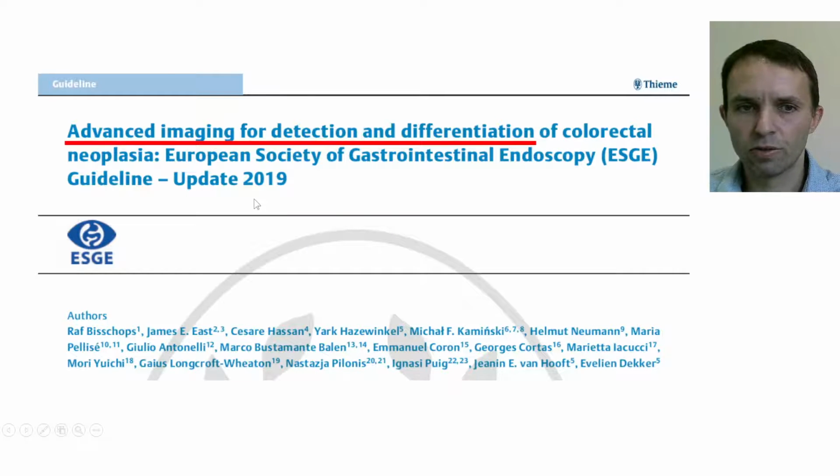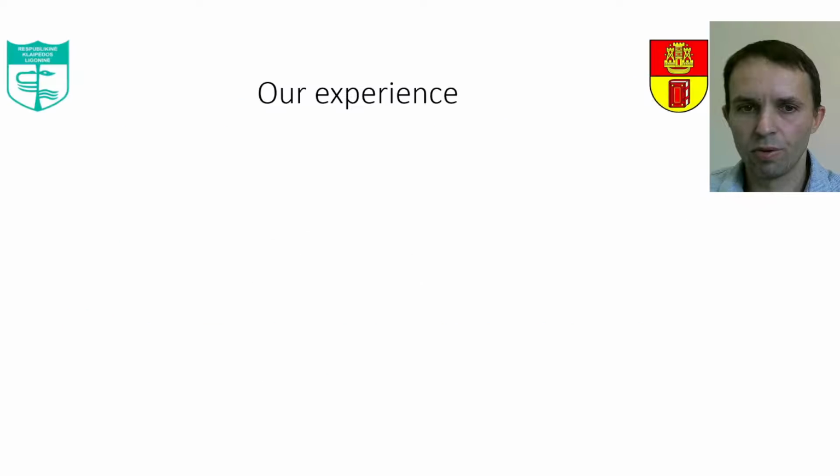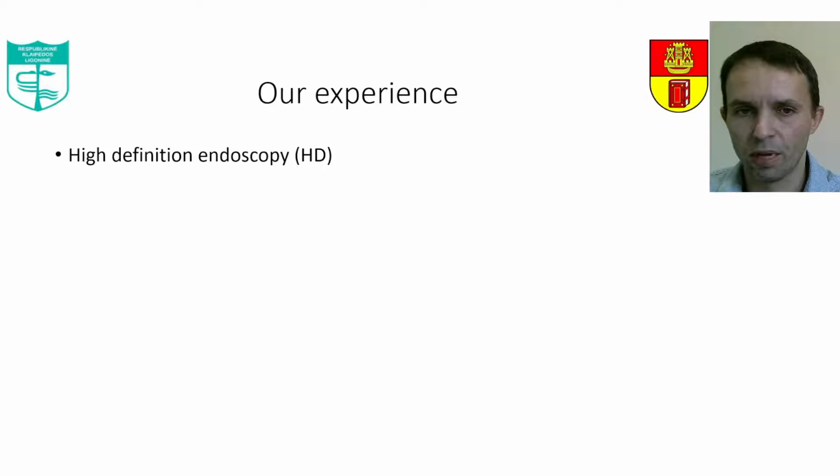From the broad spectrum of technologies mentioned in these guidelines, we have used or are currently using high definition endoscopy, which actually every endoscopy system has nowadays. We also used high magnification endoscopy or even ultra high magnification endoscopy.